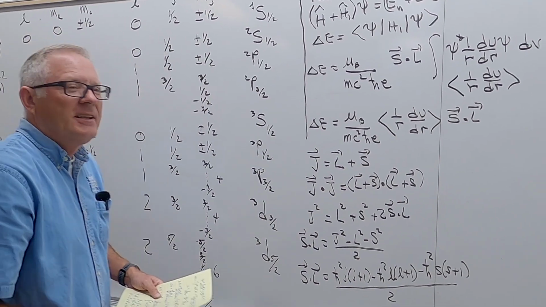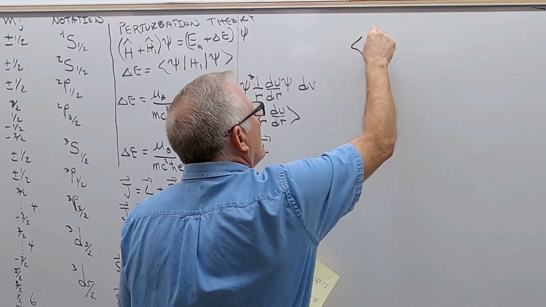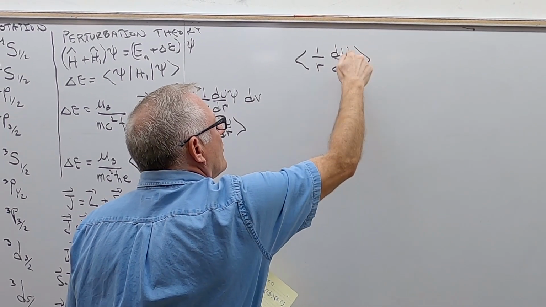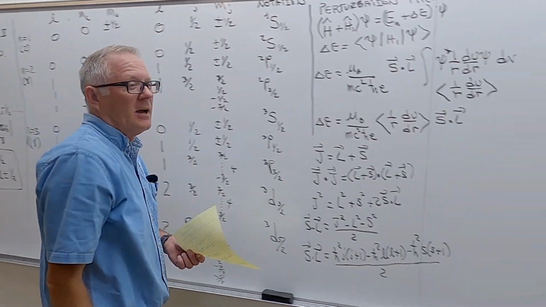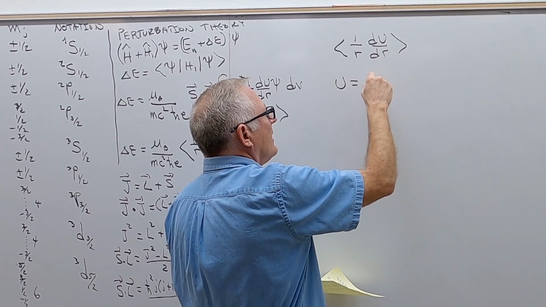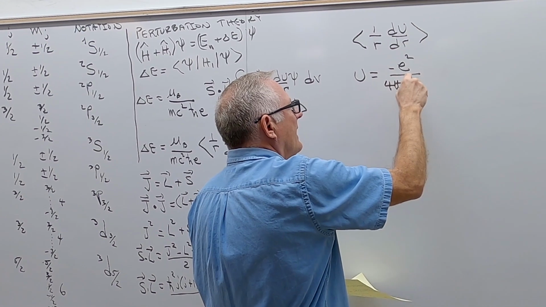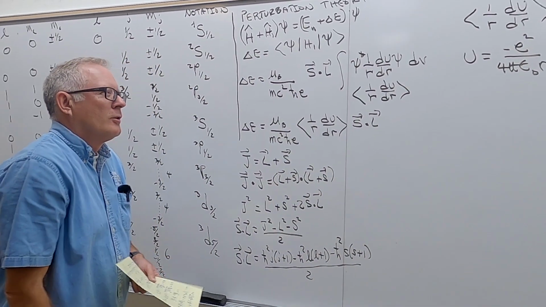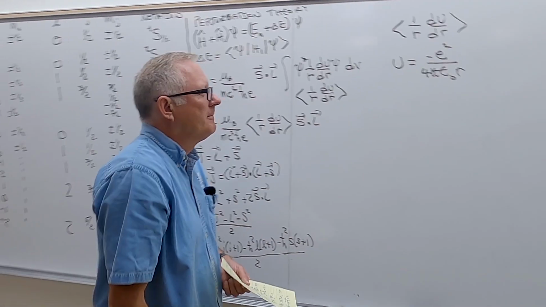1 over r du dr. Remember what this u was, that was the potential between the electron and the proton. We know what that is. U between the electron and the proton, it's minus e squared all over 4 pi epsilon naught r. So there was our U. Remember, we got that from the force between the electron and the proton.